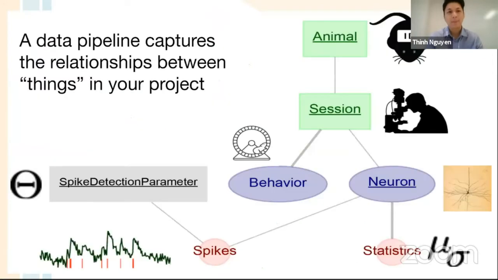In short, a data pipeline should first of all describe the things in your project: animal, session, behavior, neuron, spike, statistics, some parameters. It should also capture the relationships between these things, essentially representing the sequence of steps for how you carry out your experiment, your processing, and your analysis.